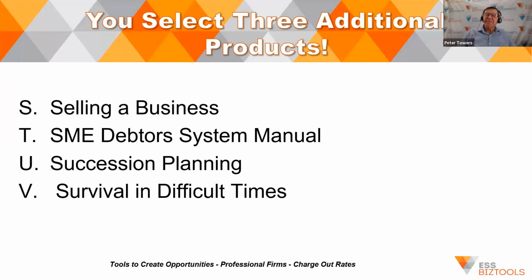Selling a business, SME debtors systems manual, succession planning, survival in difficult times. We've had a lot of that in the last 2 years. We will continue to have segments of that around Australia. We still are not out of the woods on this virus yet, but there's always some sort of natural disaster, whether it's floods, droughts, cyclones, bushfires. And there always seems to be pockets of Australia that have selected difficulties.